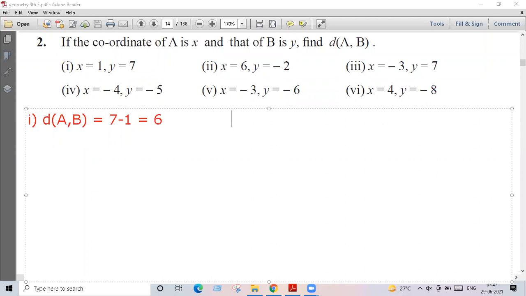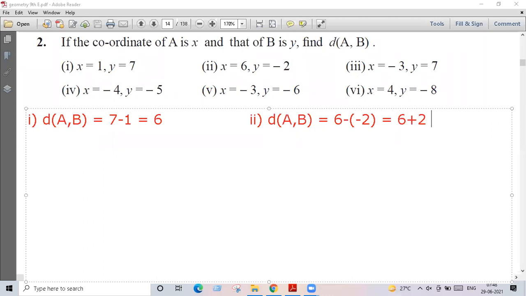Then the second one. Distance between A and B. In the second, see, 6 and -2. 6 is greater than -2, right? Therefore 6 minus -2, so 6 plus 2.